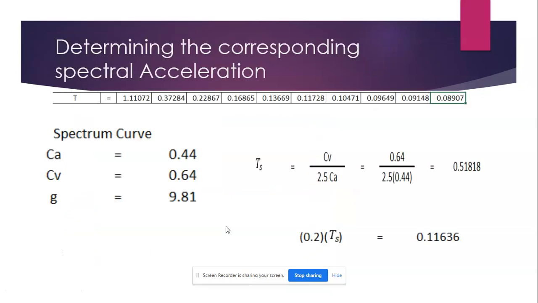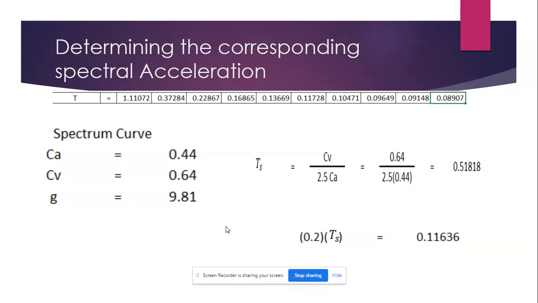So determining the corresponding spectral acceleration, we will use the spectrum curve, which is CA equals 0.44, CV equals 0.64, and G equals 9.81.